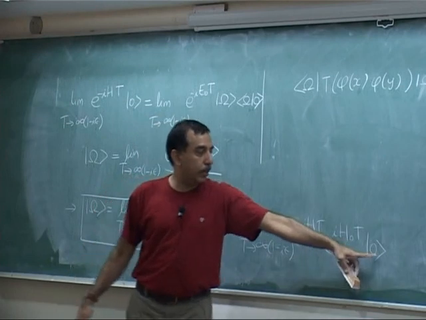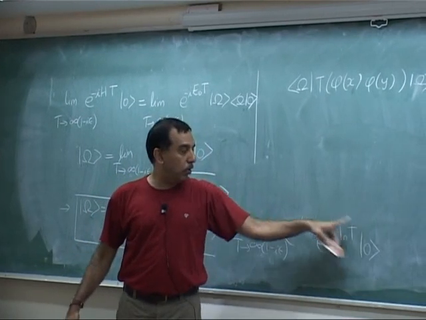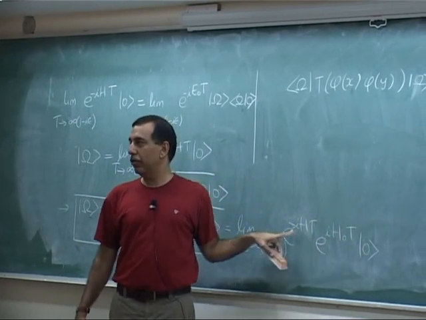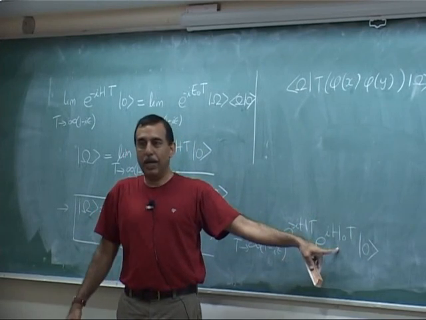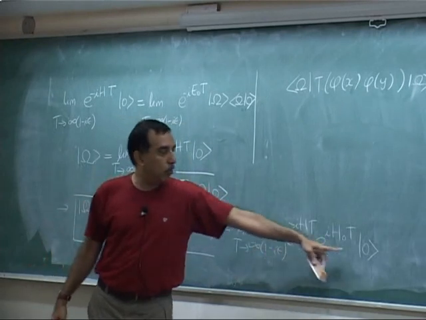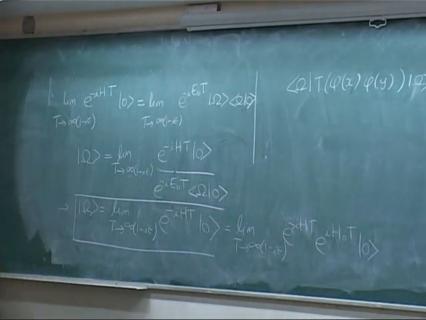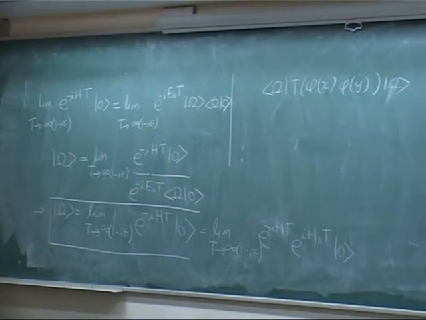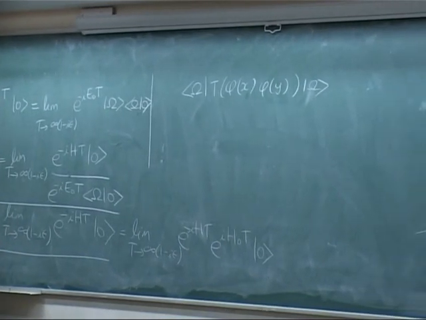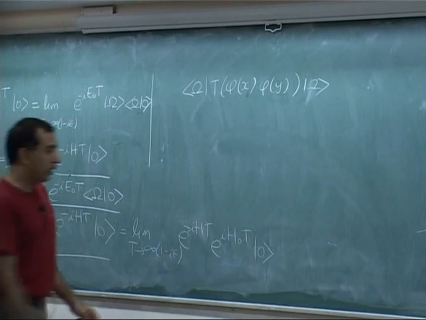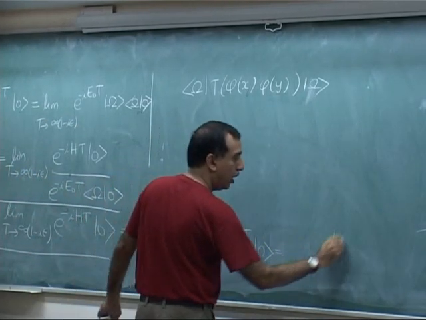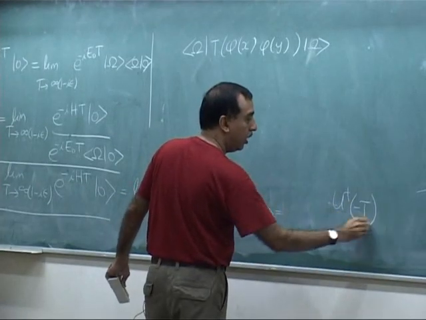Because H0 acting on |0> is 0, this quantity is just 1. It has nothing to do with commuting with this. I didn't bring it from anywhere, I just put it there. And now what's the advantage? What is this combination equal to? U or U dagger or something? It's neither U nor U dagger, but it is something. It's U dagger evaluated at minus T.